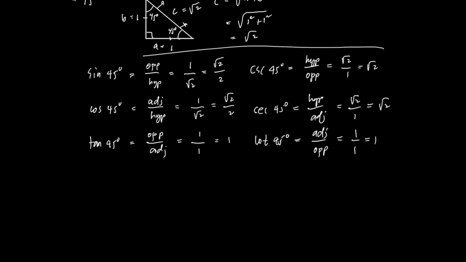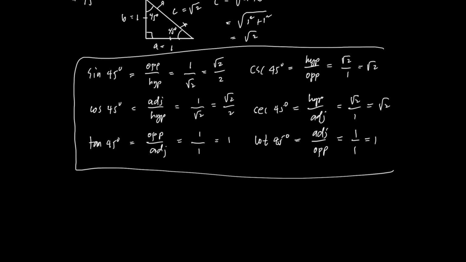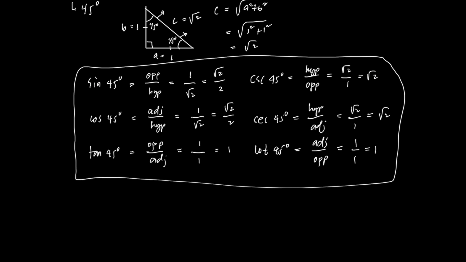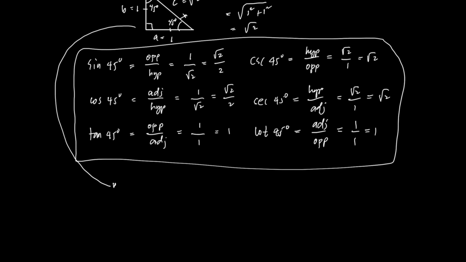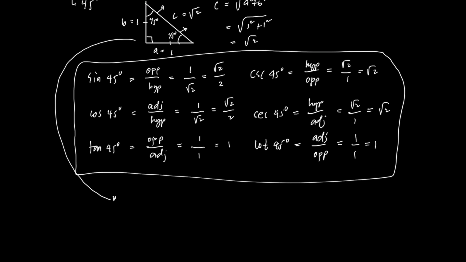So these are now the exact values of the 6 trig functions if our angle is 45 degrees. So actually, this image here, this triangle here, can be generalized, because in the real world, this side here is not always 1.